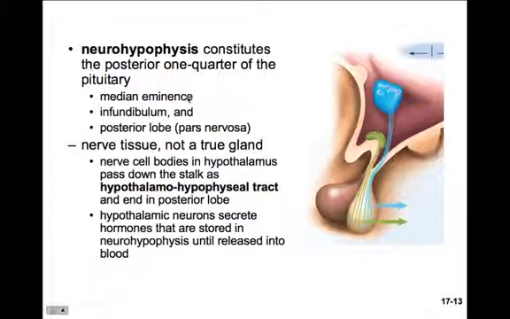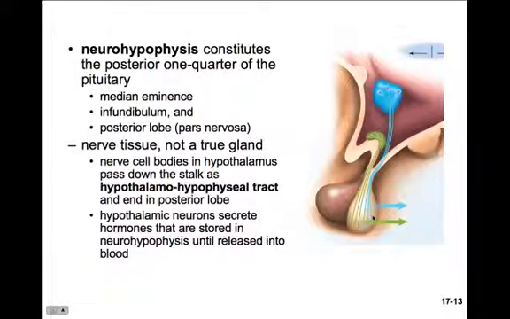Just remember that the median eminence and infundibulum are also part of this gland. Now, this is made up of nerve tissue, so it's not really a true gland. The nerve cell bodies are located in the hypothalamus and pass down through the stalk as the hypothalamo-hypophyseal tract, because they're nerves, and they end in the posterior lobe.